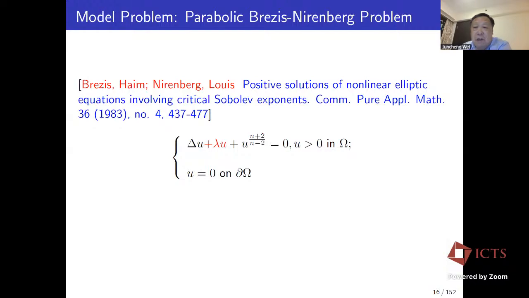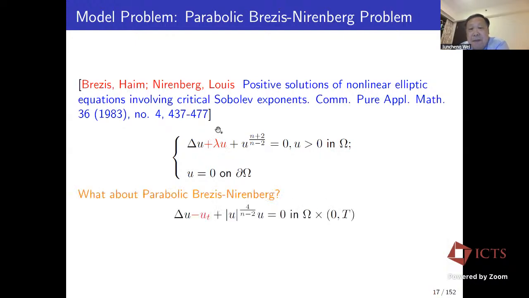The model problem I'm going to consider is a parabolic Brezis-Nirenberg problem. For the Brezis-Nirenberg problem, I discussed it in the first lecture, and there have been many studies on different kinds of such problems. But today I'm going to discuss another type.